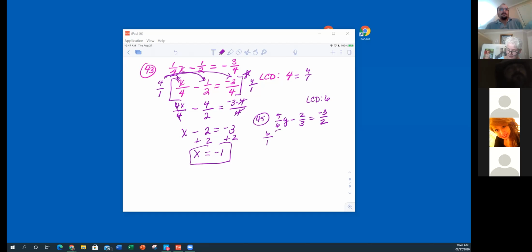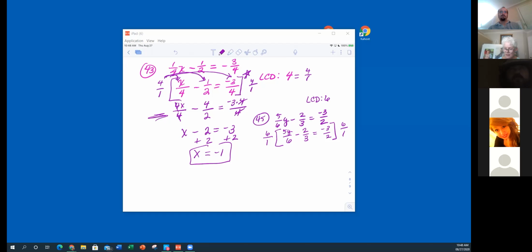So I'm multiplying 6 over 1 times 5y over 6 minus 2 over 3. And sometimes I put the 6 over 1 on both sides. Now this is a whole lot of writing, right?